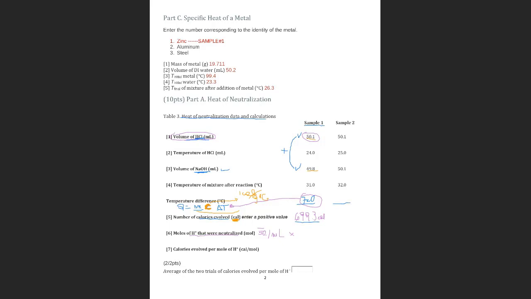When you read in the write-up, in the procedure, what is the concentration of this acid, you know that it is 1 molar, 1 mole per liter. And then, because the liters and the milliliters don't cancel, you have to do the conversion. 1 liter equals 1,000 milliliters.